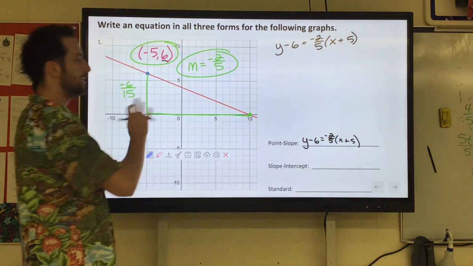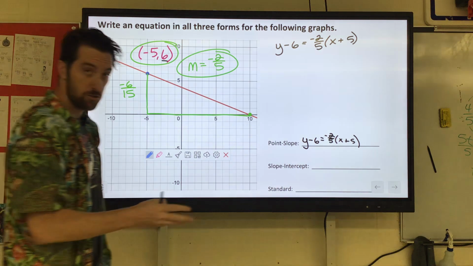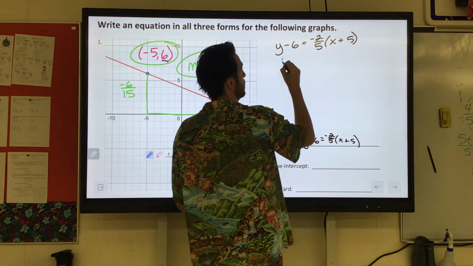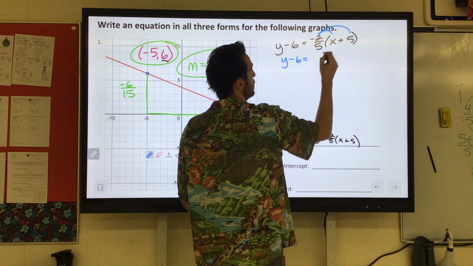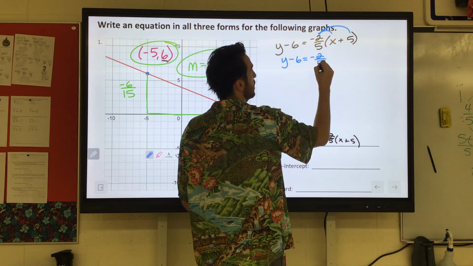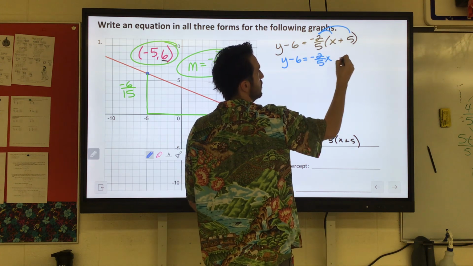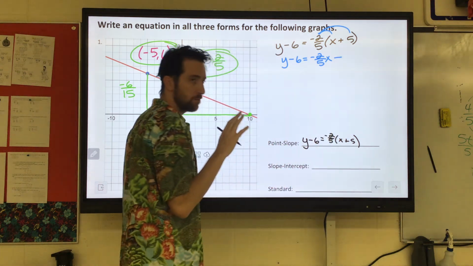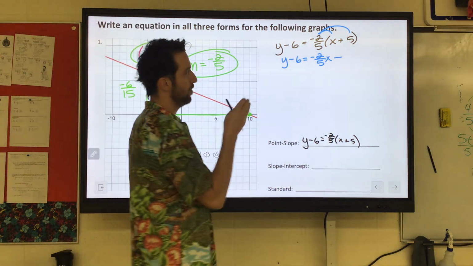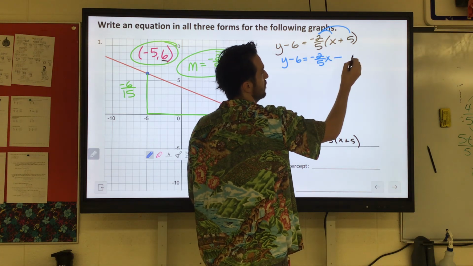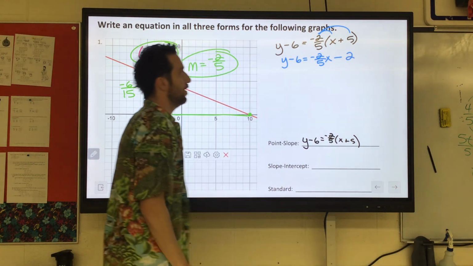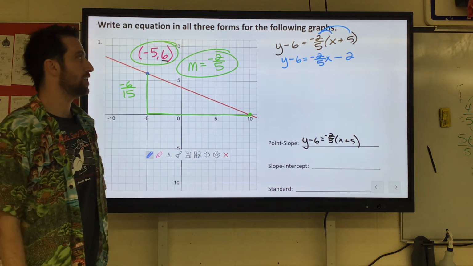Now to start getting it into slope-intercept form, we're going to have to distribute first. So we'll have y minus 6 equals negative 2/5 x, and then negative times positive is negative. We're multiplying a fraction by a whole number. So remember, the whole number would go up top. 5 times 2 is 10, divided by 5 is 2. y minus 6 equals negative 2/5 x minus 2.